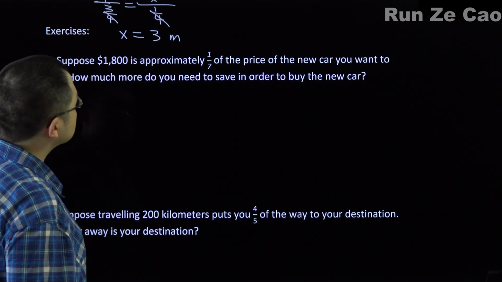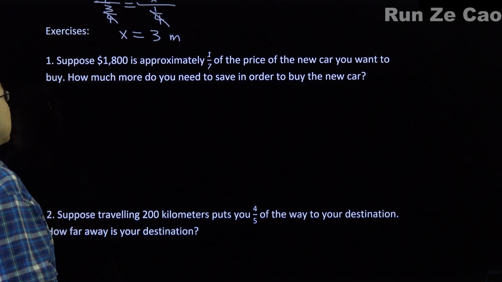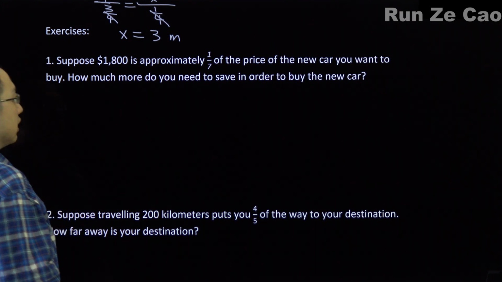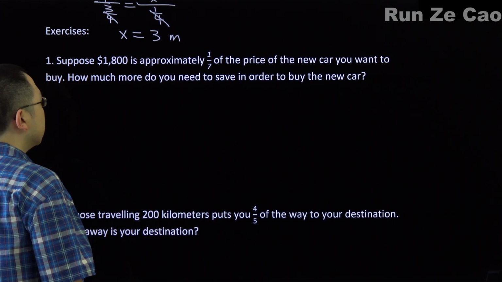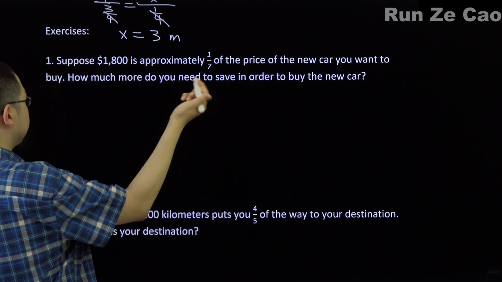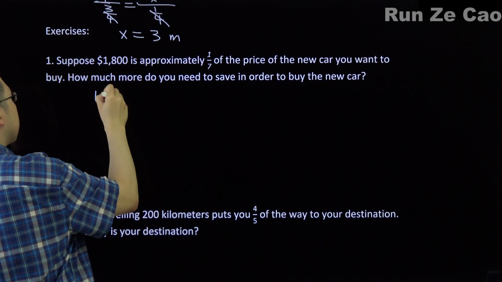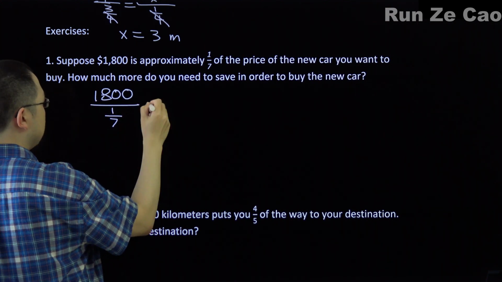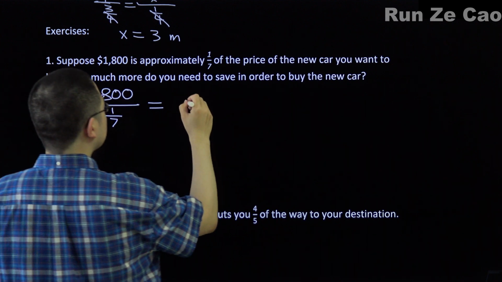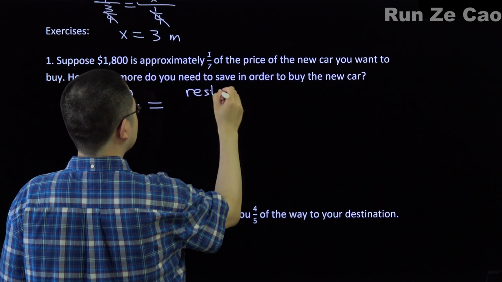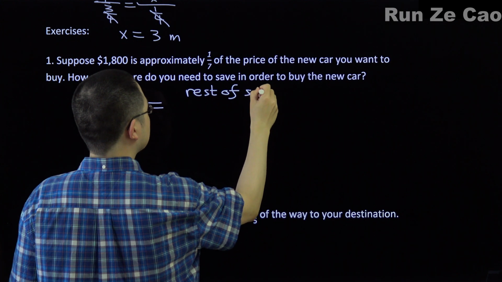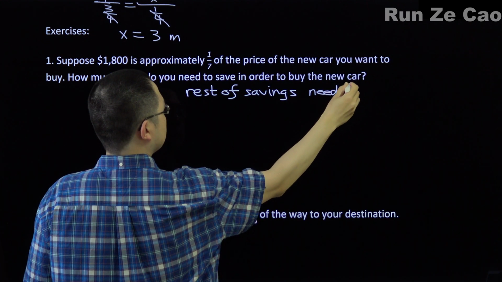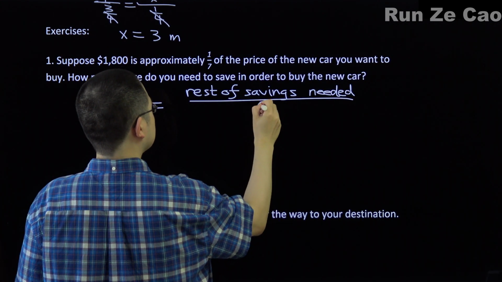Suppose $1,800 is about 1/7 of the price of the new car you want to buy. How much more do you need to save in order to buy the new car? Well, in this case, this is 1,800 over 1/7 is equal to the rest of savings needed over 6 over 7.